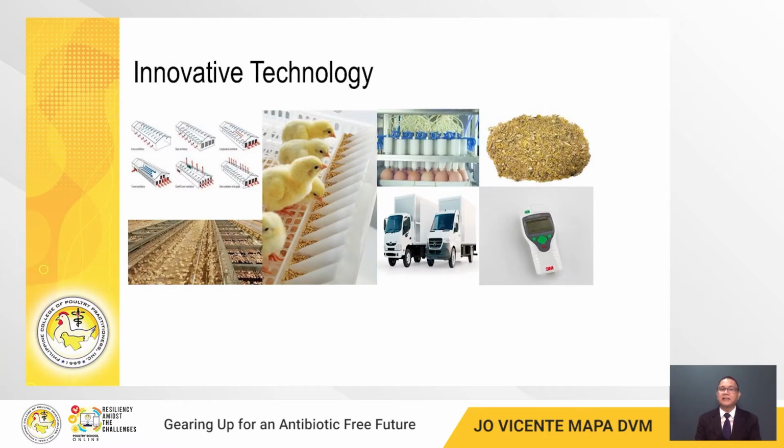And lastly, innovative technology. In the advent of modern farming, we need to keep up with the technology. Improvement in the animal's genetics requires precision management. Data analytics is a new set of skills we need to acquire.